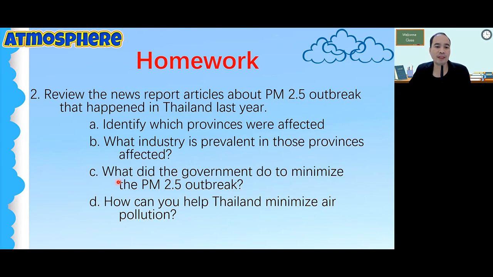And letter C, what did the government do to minimize the PM 2.5 outbreak? In Pathumthani, Bangkok, or Ayutthaya, what did the government do to reduce the PM 2.5 level in the air? And then, as an M1 student, how can you help Thailand? Or if Thailand is too big for you, how can you help your place to minimize air pollution? You are going to write this in your science notebook.